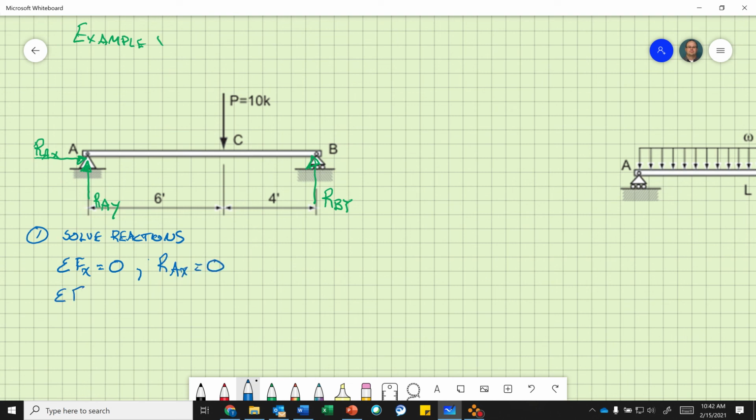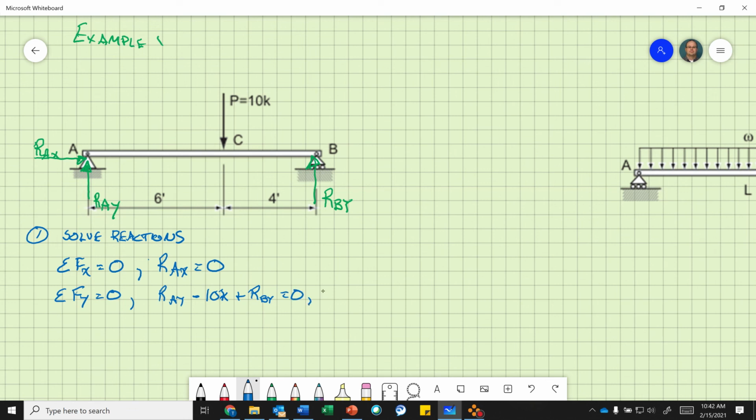Sum of the forces in the y direction has to equal 0. So we have the reaction at point A in the y direction. It's positive because I'm looking at my sense. Minus 10 kips at point C plus the reaction at point B in the y direction has to equal 0.